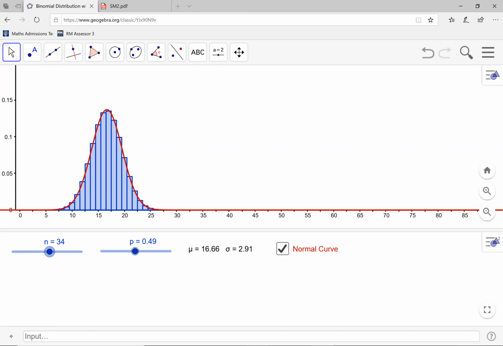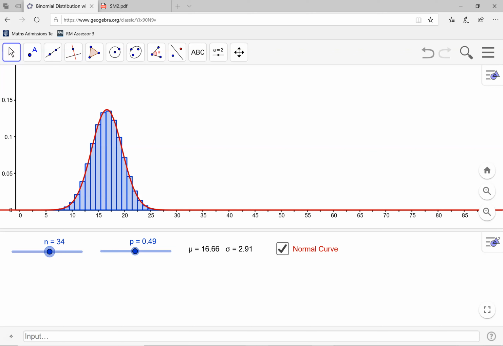So with the blue one, it's the height of the bar that matters, whereas with the normal distribution, it's the area. But what's interesting is that they're almost the same, because if the width of the bar is 1, then the height will be very similar to the area, but not exactly the same, because we can see that the area under the curve isn't exactly the same as the area of the bar.